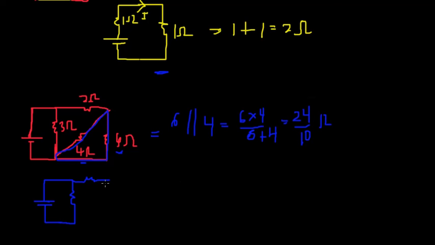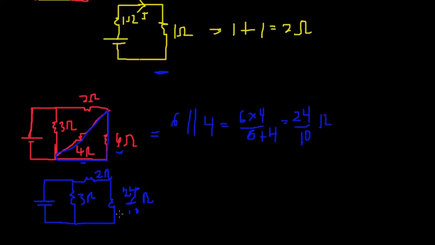Now we can bring that 24 on 10 ohm over here and just represent it over here. So this is our 3 ohm, this is our 2 ohm, and this is our 24 on 10 ohm.